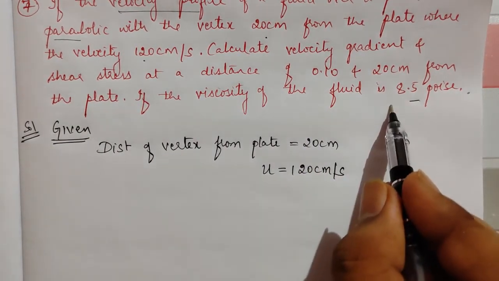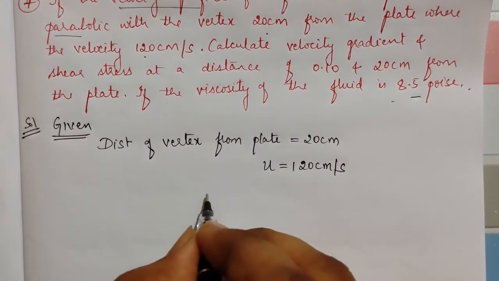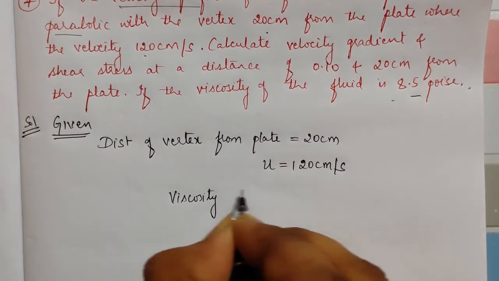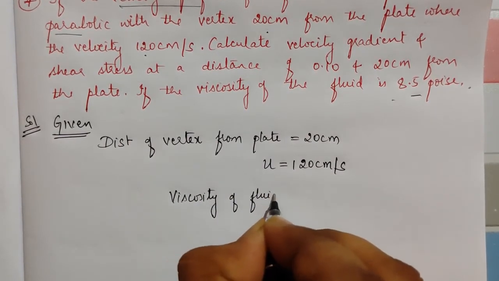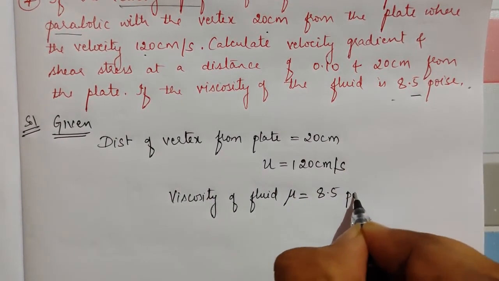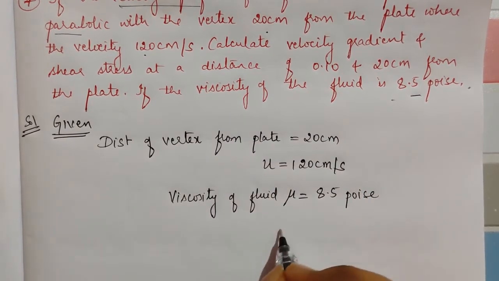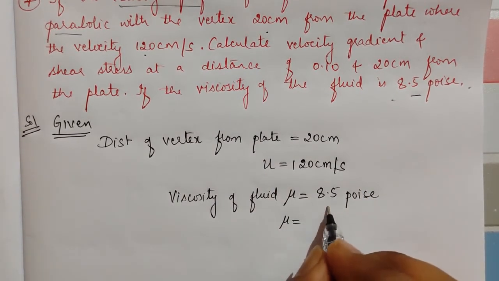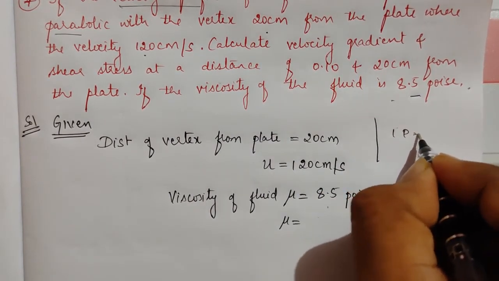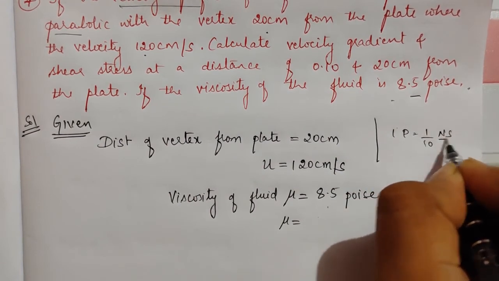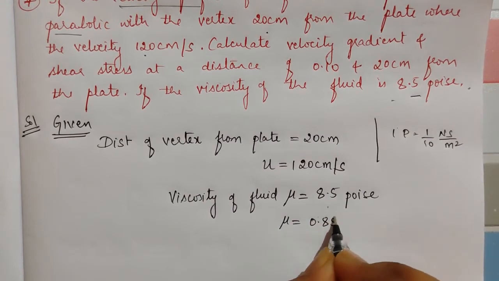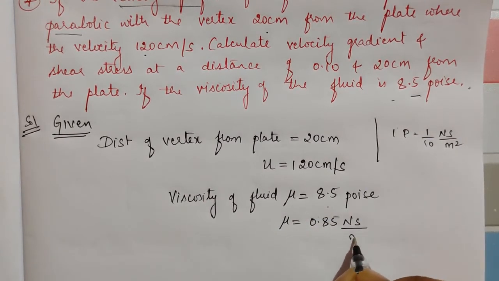Then they have also given the viscosity of the fluid, 8.5 poise. So I'll convert it here only into Newton second per meter square. So 1 poise is equal to 1 by 10 Newton second per meter square. So it will be 0.85 Newton second per meter square.